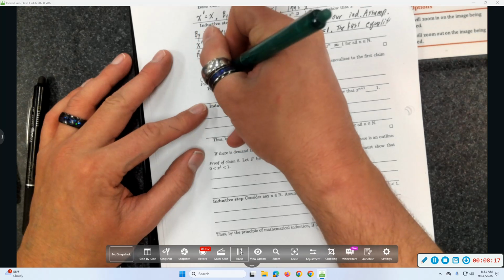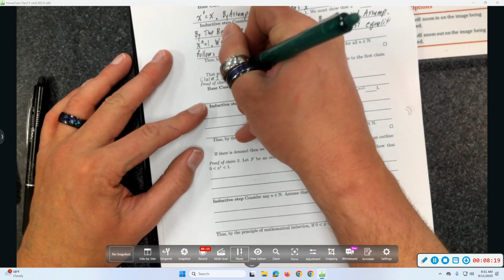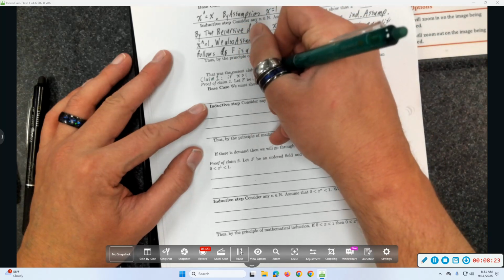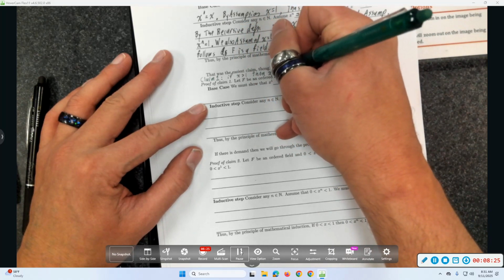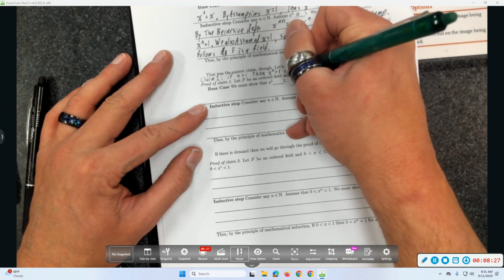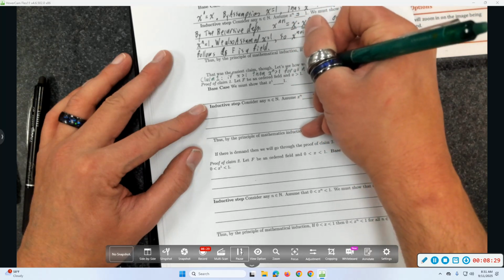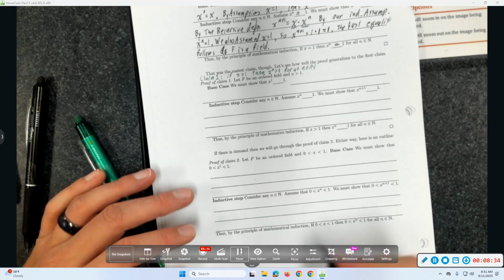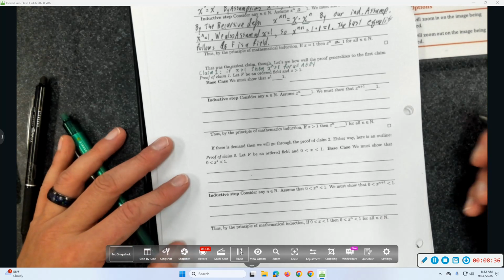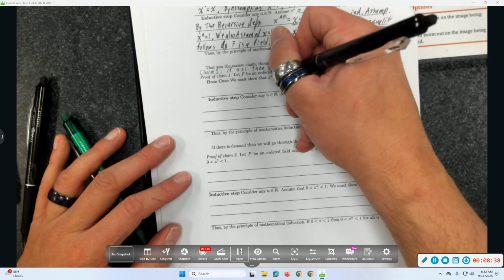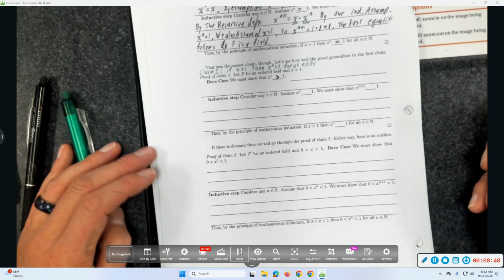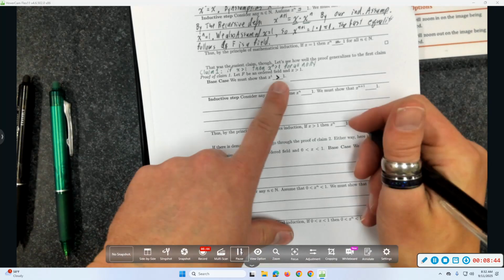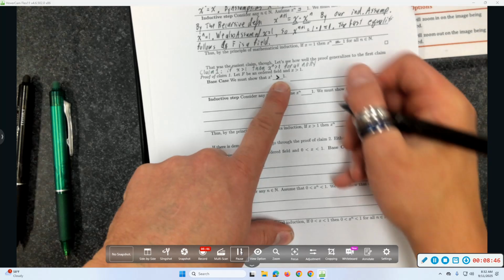Claim 1. If x is bigger than 1, then x to the n is bigger than 1 for all n in N. So, base case, we have to show that x to the power 1 is bigger than 1. And again, this is like one of the obvious ones. Usually the base case is the easy case. Sometimes it's not. Let's do it.